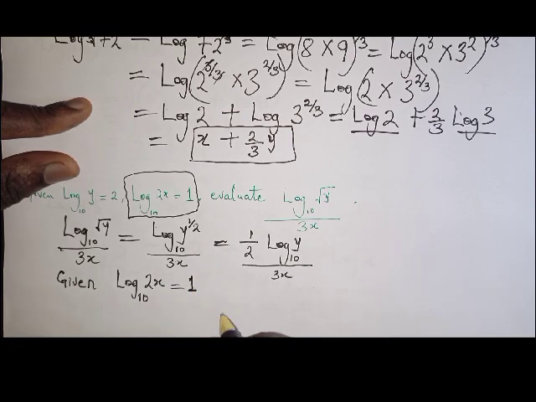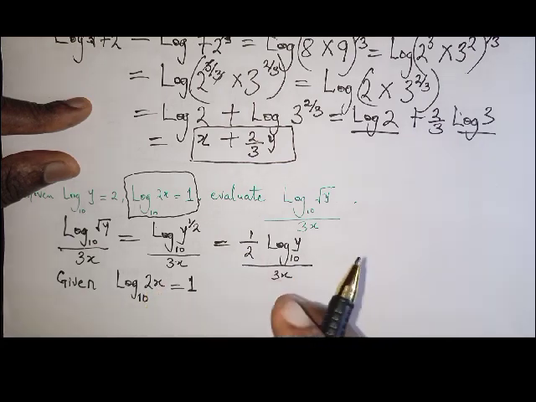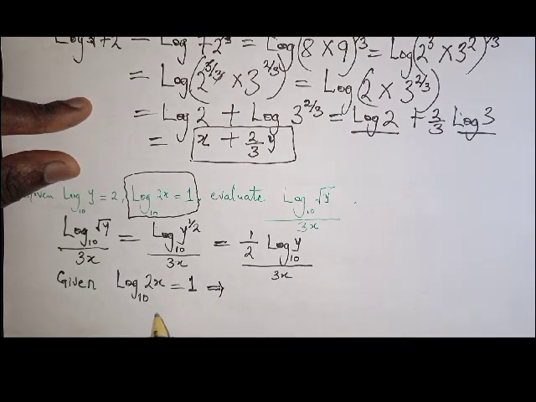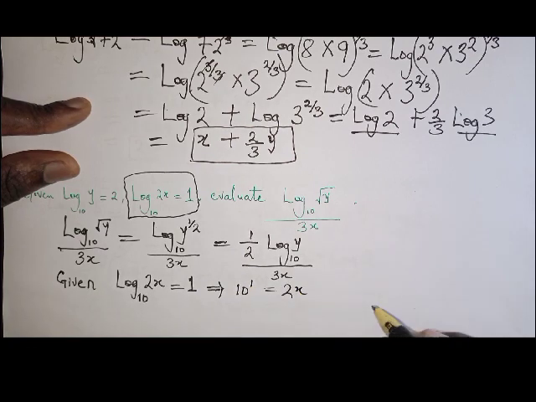One of the laws of logarithm, if you've not seen that video, please check in the playlist, has it that when we have log 2x in base 10 equals 1, it can be changed to an index form. So that becomes 10 raised to power 1 equals 2x.